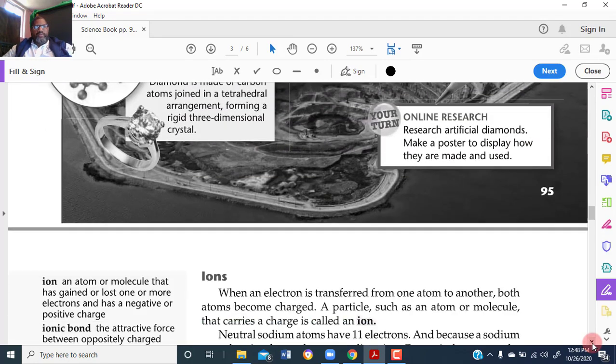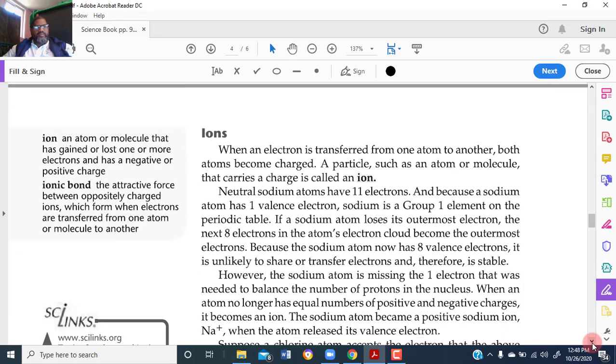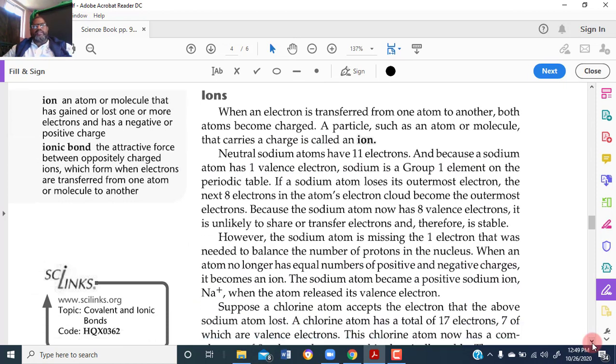We're going to go to page 96, and we'll talk about ions. The definition of an ion here is an atom or molecule that has gained or lost one or more electrons and has a negative or positive charge. Remember, on the periodic table, atoms are normally in a stable state.